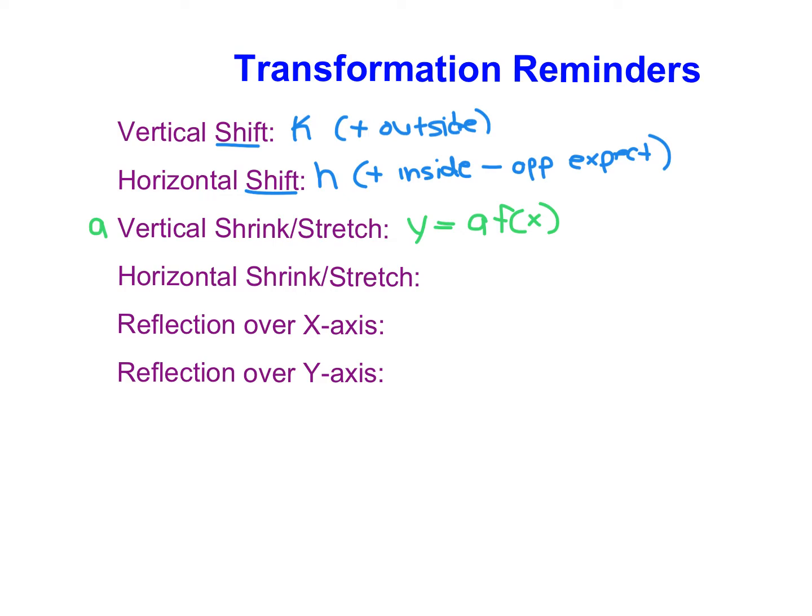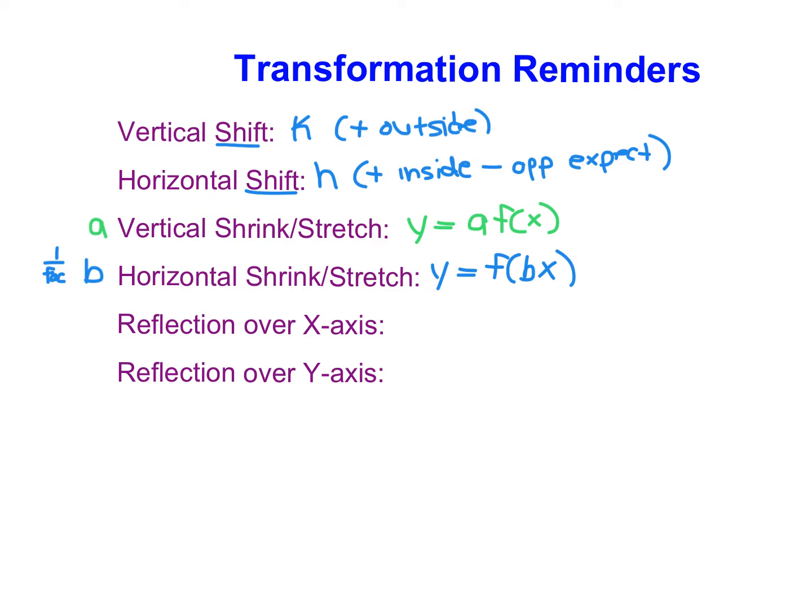Then from here, our horizontal shrink, we dealt with a b value, but remember that b value was calculated by taking 1 over the factor that they gave you. So that's like if you get a factor of 1/2, you do 1 over 1/2 and calculate what your b value would be. And once you have that b value, you simply take your inputs or your x values and you multiply x by that b value.